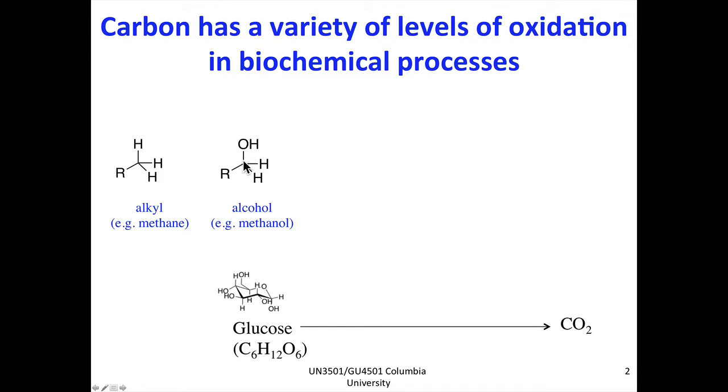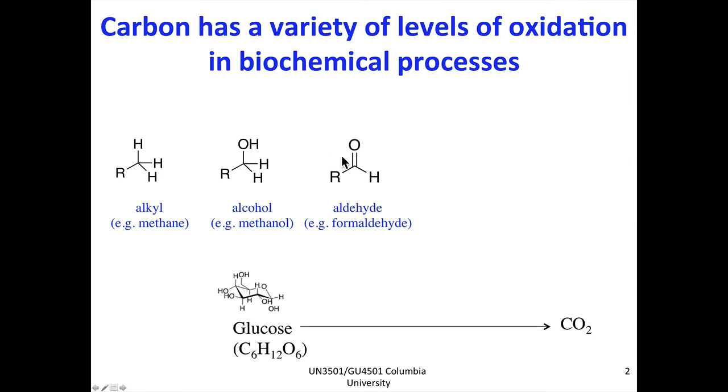So an alcohol here is more oxidized than an alkyl group. If we just think of the R here as being a hydrogen for simplicity, then we would say that methanol is more oxidized than methane because we've got one oxygen attached to the carbon, whereas in methane it's all four hydrogens.